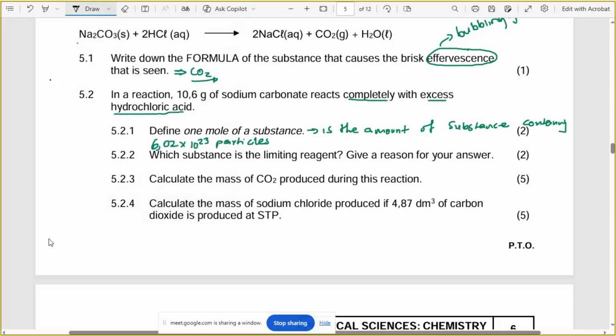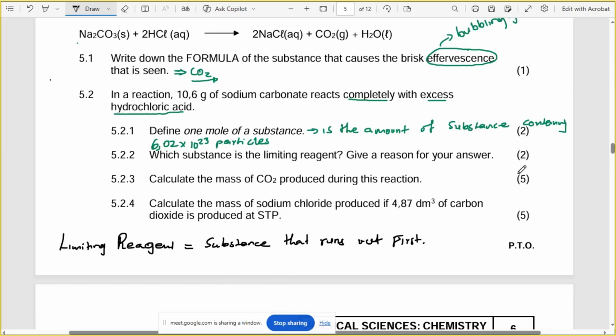No. You see, when I say limiting, this is the substance that will run out first. The substance that runs out first will be the limiting reagent.